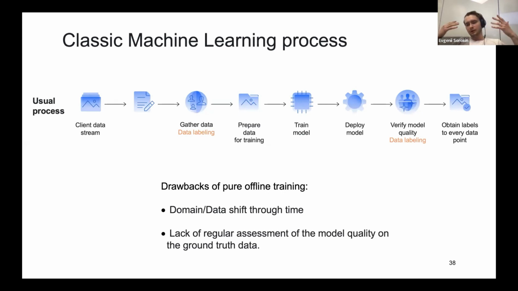It works and you obtain labels for every data point. But what is bad in this approach is that you don't have an idea about what happens right now in reality. Data shift can occur through time, and you don't have ground truths to compare the model answers to.